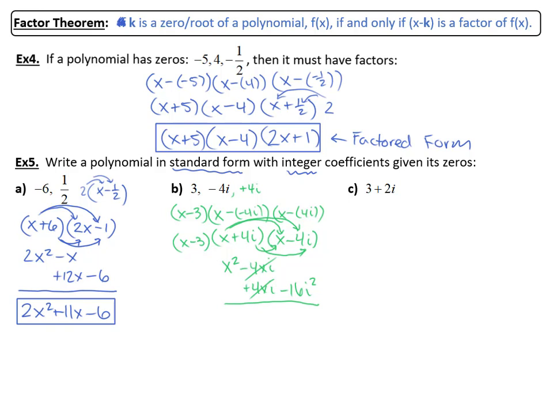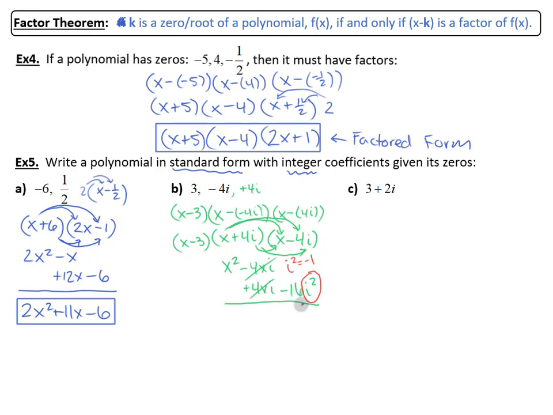And wait a second, i squared. If I remember some stuff back from our imaginary section, i squared equals negative 1. And we said anytime we see a power of i bigger than 1, we should replace it.